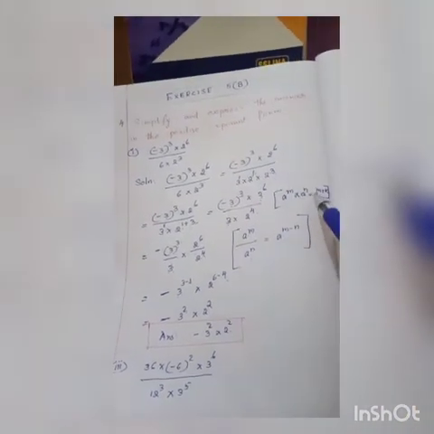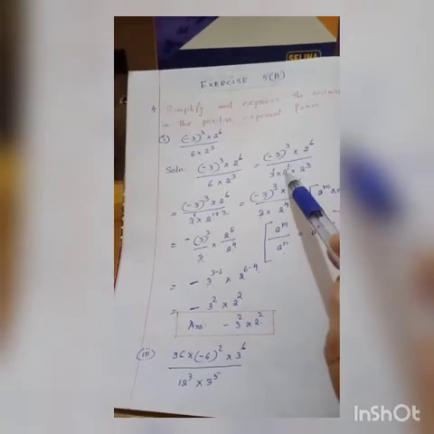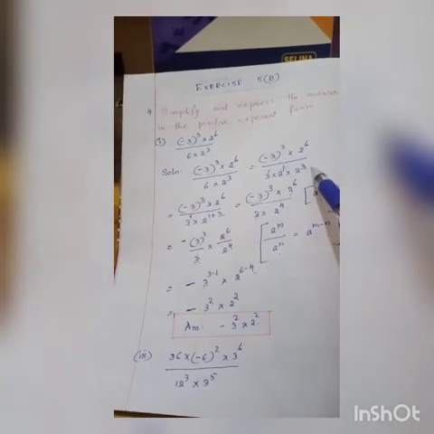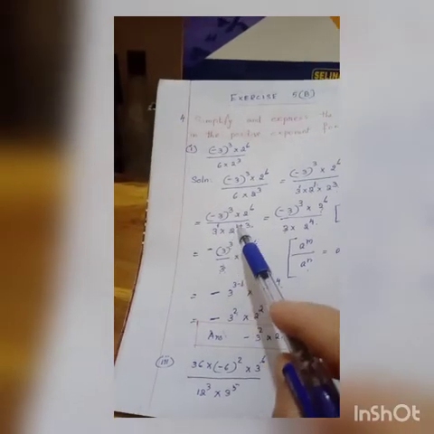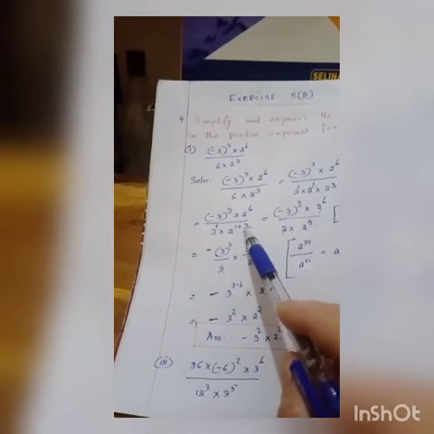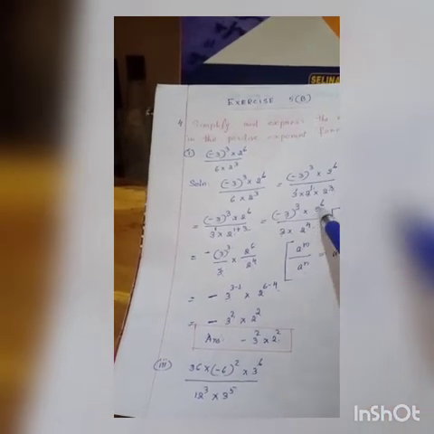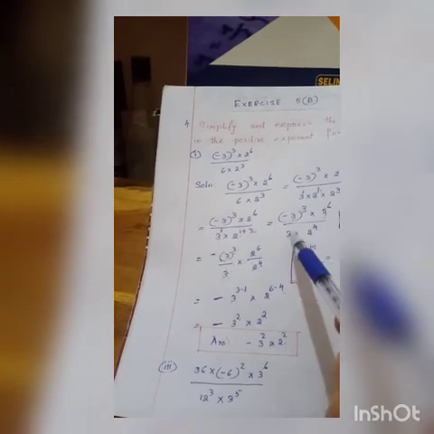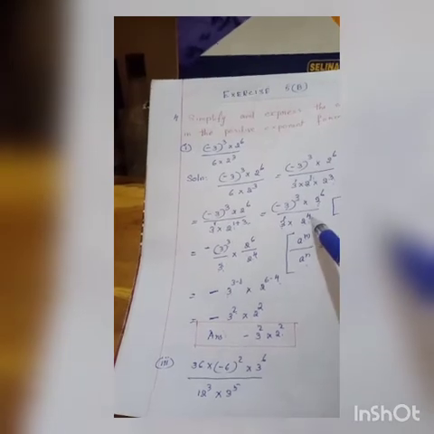Here we use the formula a^m × a^n = a^(m+n). Then 2^1 × 2^3 means 2^(1+3). In multiplication, the exponents are added, right? So then next, numerator same, denominator 3^1, and 2^(1+3) is 2^4.